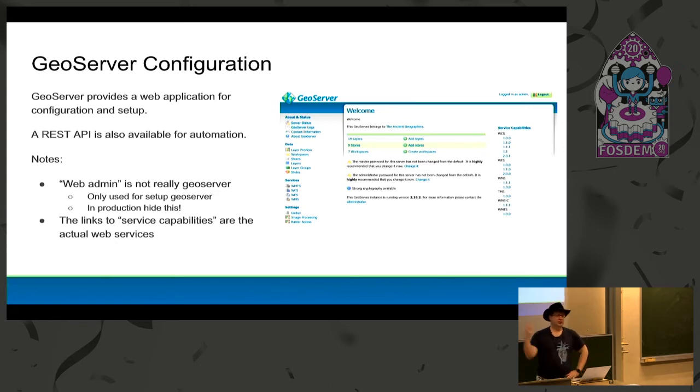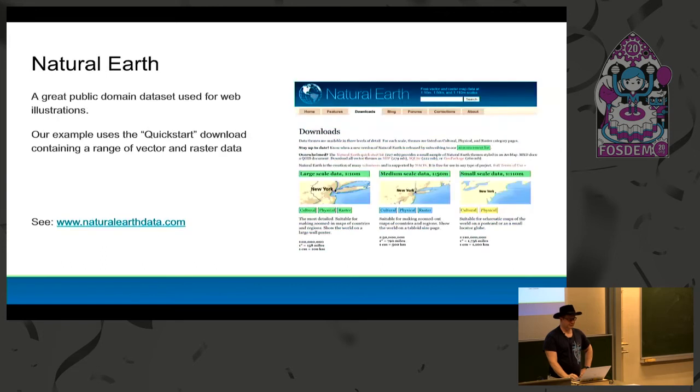The real web services are over here on the right-hand side, the different service capabilities and endpoints which clients use to programmatically access the data. So if you're going into production, you probably want to configure your Apache or something to hide these configuration screens. There's no reason to share that with the public.